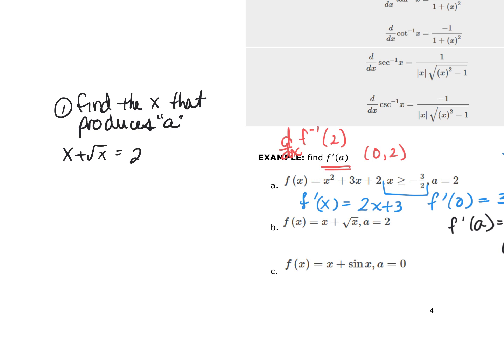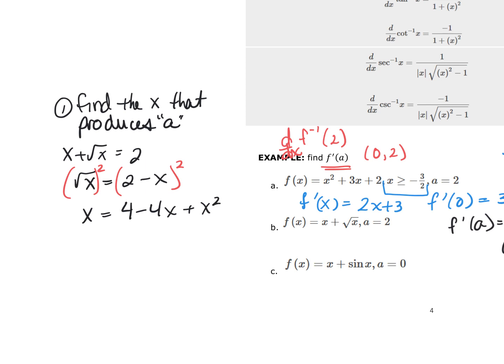Now, here's some algebra, and so I'm going to subtract x from both sides. So I have the square root of x is equal to 2 minus x, and now that I have my square root by itself, I'm going to square both sides. And I'm going to get x is going to be equal to 4 minus 4x plus x squared.